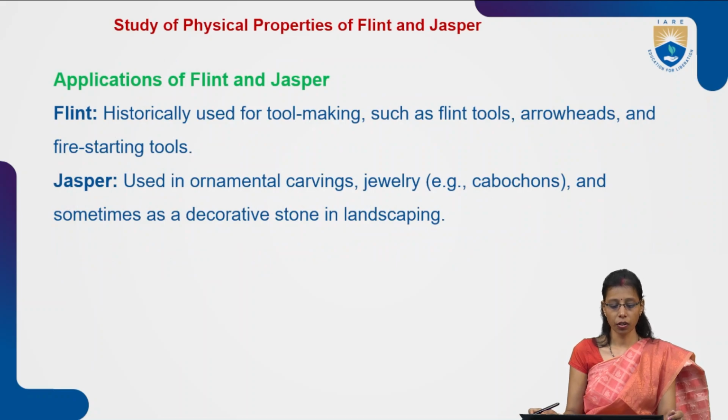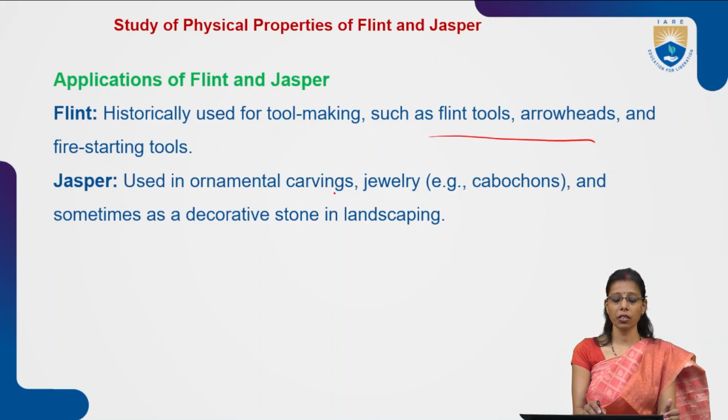Now, applications of flint and jasper, if you compare them. Flint was historically used for tool making, such as flint tools, arrowheads and fire starting tools. Jasper is used in ornamental carvings, jewelry, and cabochons, and sometimes as a decorative stone in landscaping.